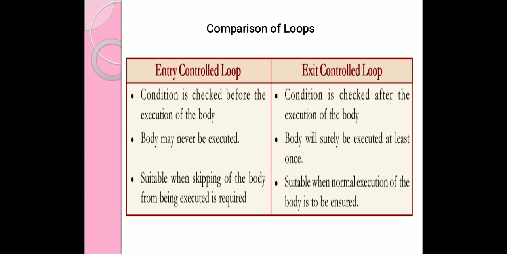The entry controlled loop is suitable when skipping of the body from being executed is required, but the exit controlled loop is suitable when the normal execution of the body is to be ensured.